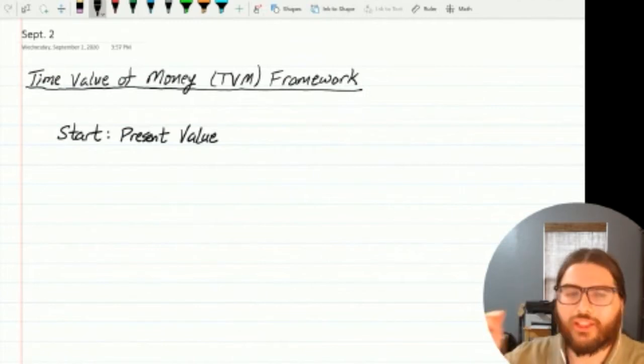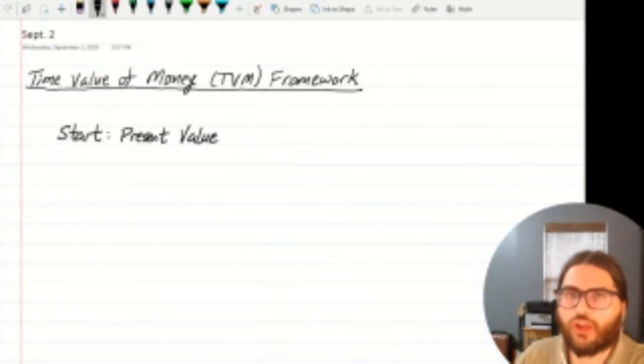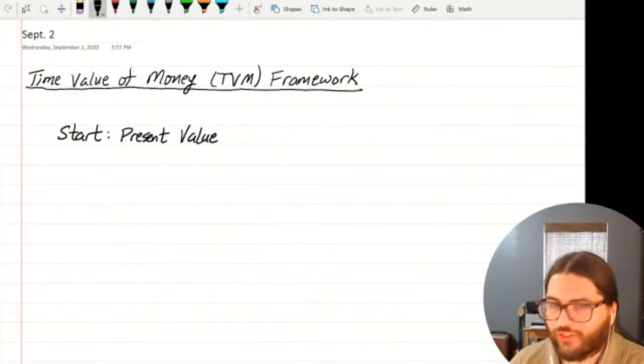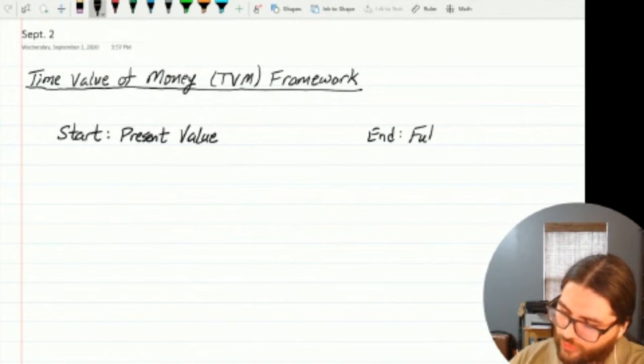The present value of any bank account, any amount of money, stocks, CDs, that's the present value. And as that grows over time, it will eventually grow into the future value.